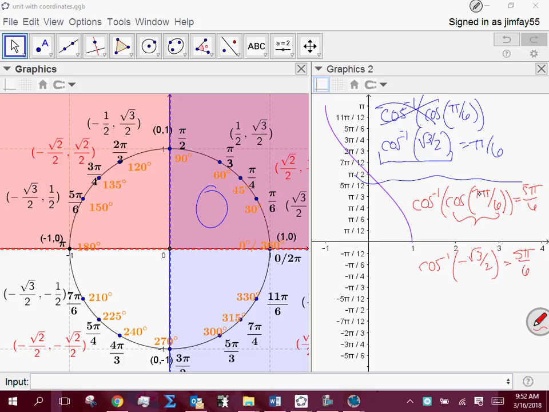When will they cancel? When will these cancel? This value here was between 0 and pi, wasn't it? Should be brackets there. Is this number outside that? Yeah. Okay. And that's the thing.